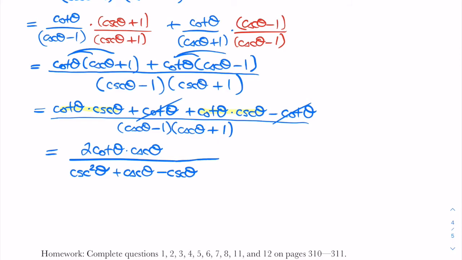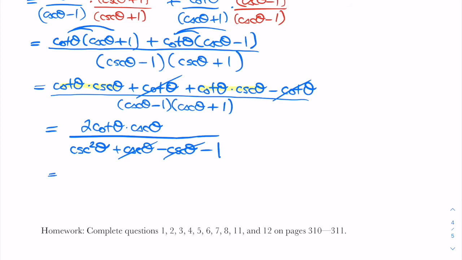And negative 1 times positive 1 is negative 1. Collecting like terms, you can get rid of the cosecant theta and the negative cosecant theta. And this is going to simplify to 2 cotangent theta multiplied by cosecant theta all over cosecant squared theta minus 1.